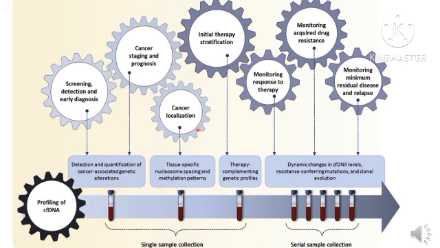That is one advantage of doing cell-free DNA in cases of carcinoma of unknown primary. So you can take a single sample whenever you need, or you can do serial sample monitoring also to study the progression of disease in real time.